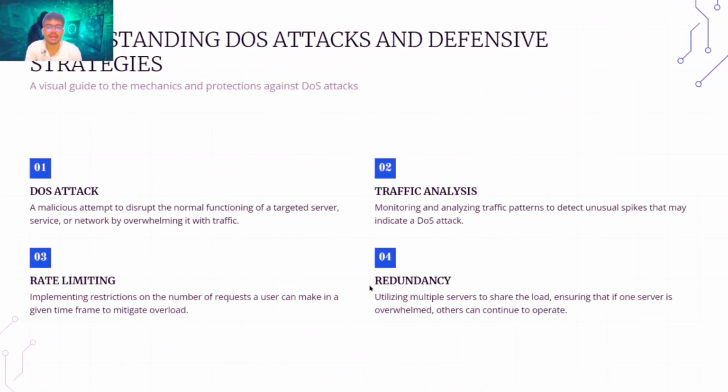Understanding DOS attack and defensive strategy. DOS attack is very dangerous. A DOS attack is a malicious attempt to disrupt the normal functioning of a targeted server, service, or network by overwhelming it with traffic.